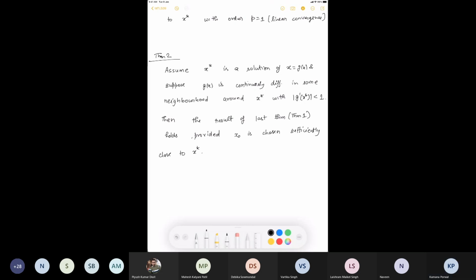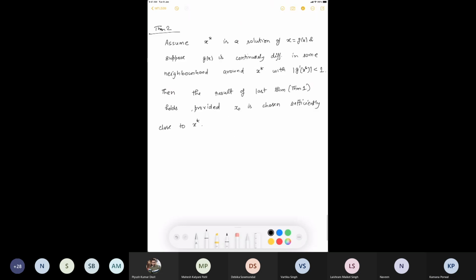So what does this result basically say? Suppose I have started with the initial guess x naught, which is sufficiently close to x star, and we have that the mod of g prime of x star is strictly less than 1.